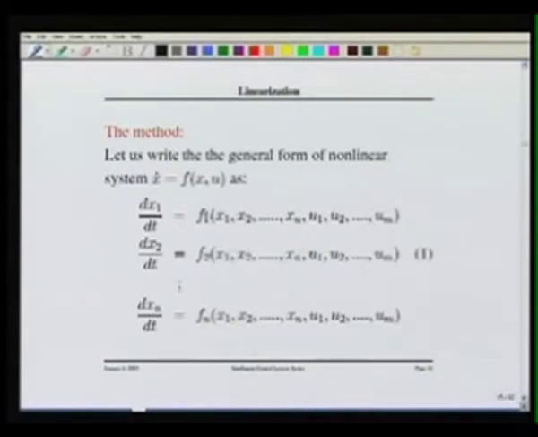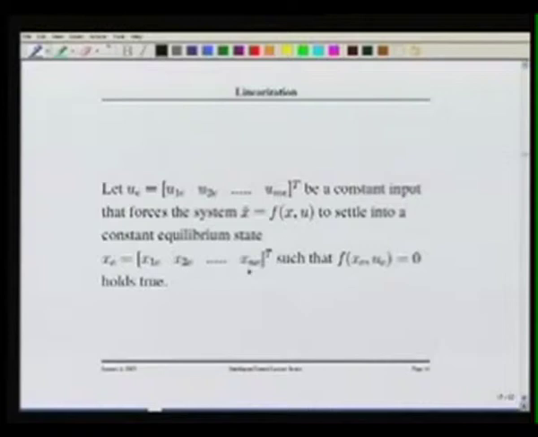So, f is a vector, you can see f1, f2, ..., fn, and let x1e, x2e, ..., xne be a point of equilibrium.